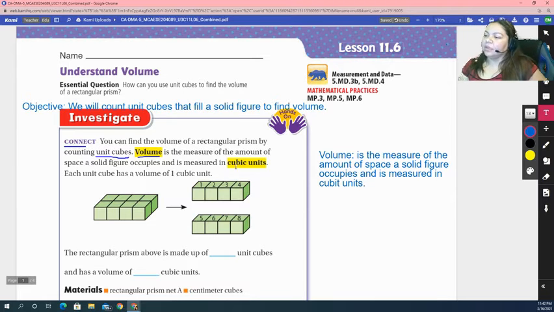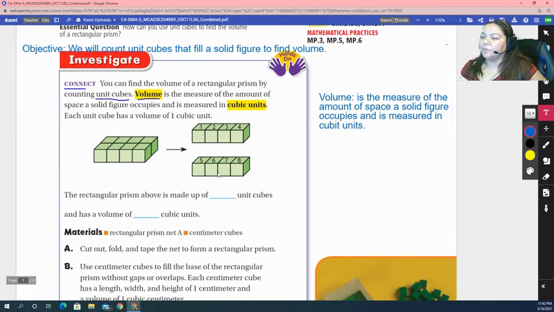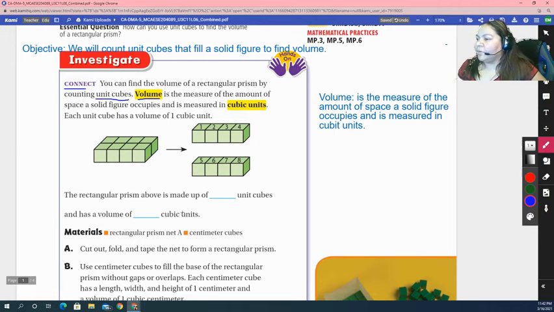So we're going to see in this example, this is our shape. And what we learned on the last lesson: we have 1, 2, 3, 4 unit cubes, and then it's 2 cubes deep. So we have 4 in the front and then 5, 6, 7, 8 from the back row.